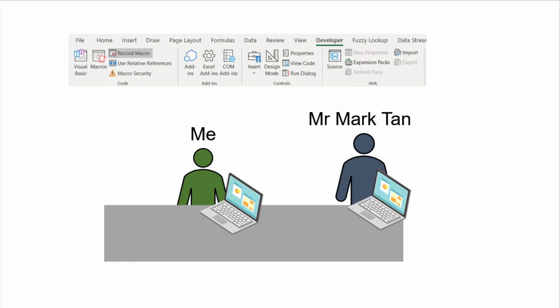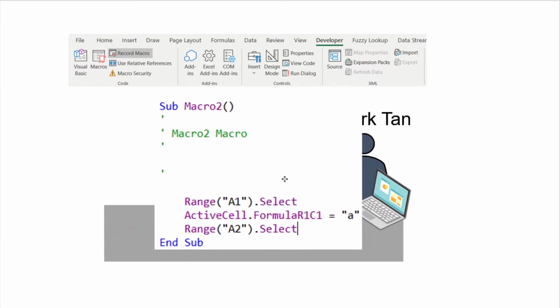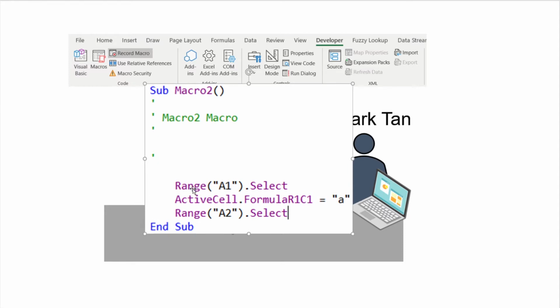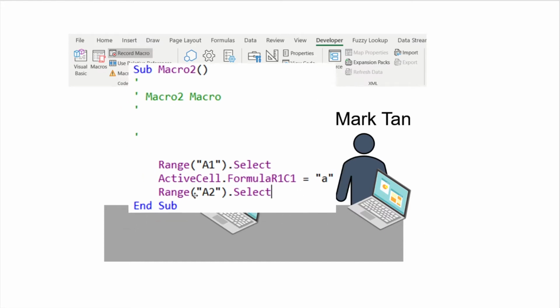So here is a simple recorded macro. I click on cell A1, then I type in A and press enter. It records it like this. Range A1.select means I select cell A1, then A is because I typed in A, and when I press enter, it goes on to the next cell below A1, which is A2.